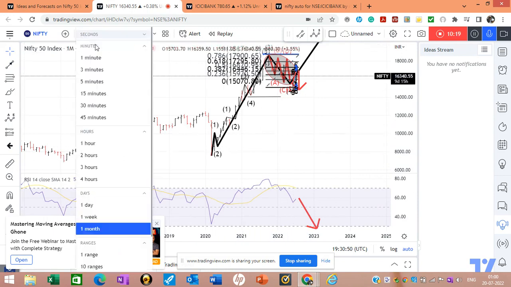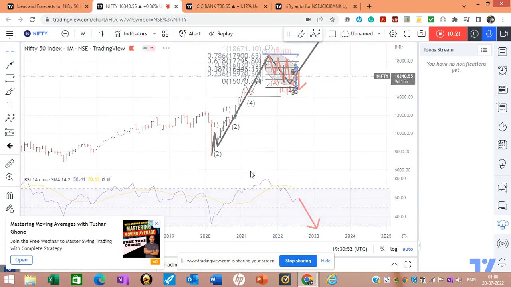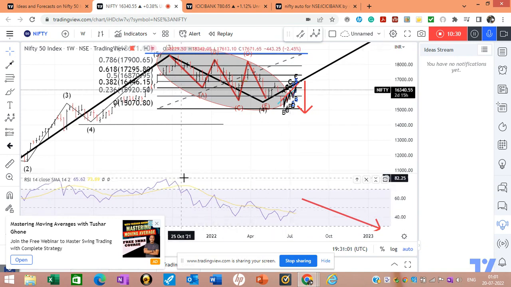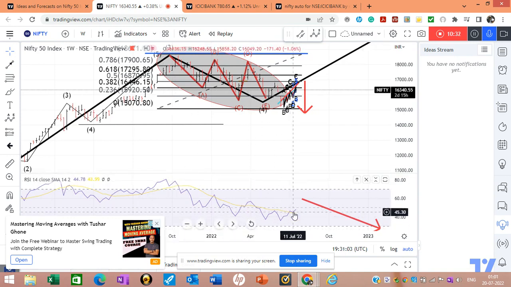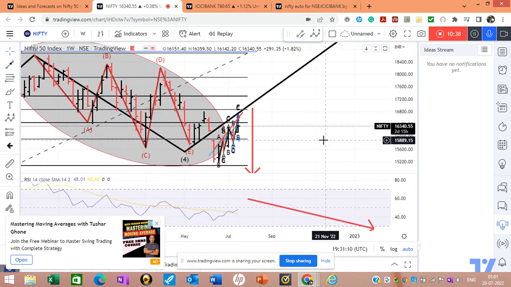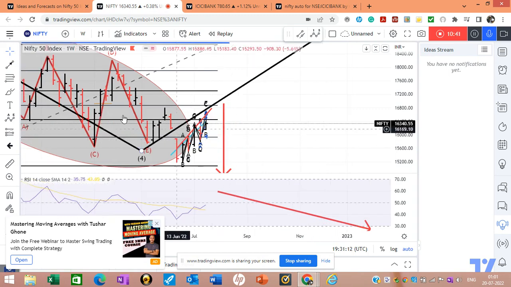Look at a weekly chart. On the weekly chart you have some momentum left. This was a decline, and then slight momentum up. Okay. So be careful in Nifty 50 and Bank Nifty.